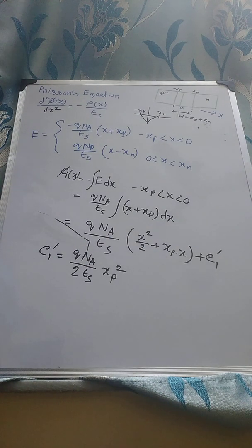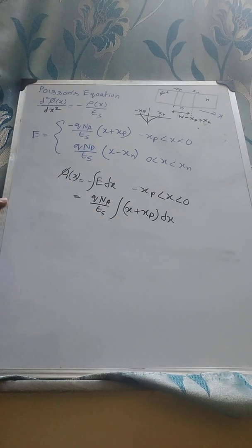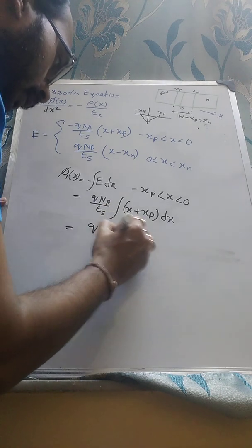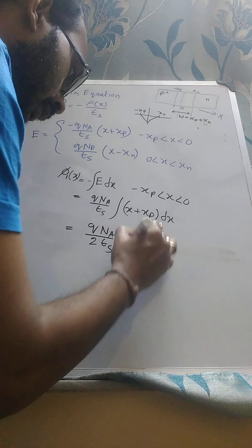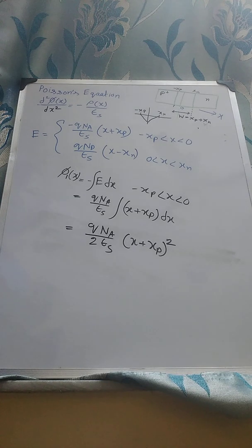So this is the value that you would get after putting this condition, that phi 1 of minus Xp is equal to 0. So this is what you get, and if you put this value into this equation, this equation simplifies to QNA by twice epsilon s times x plus Xp whole square, right?